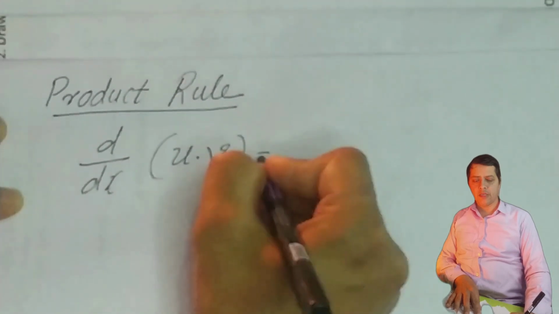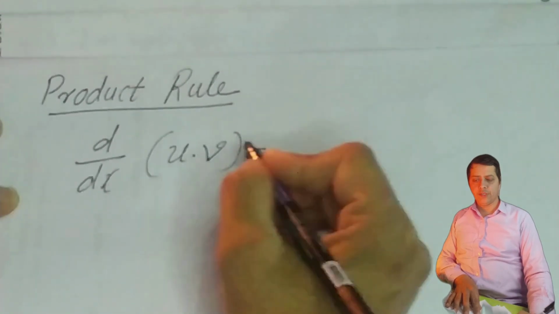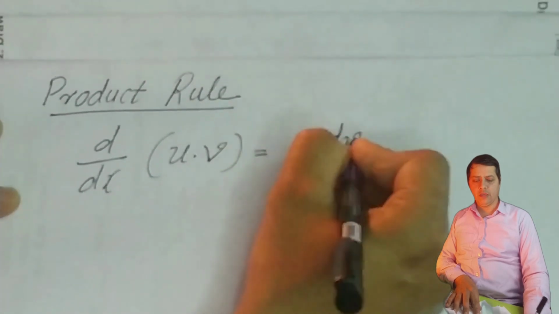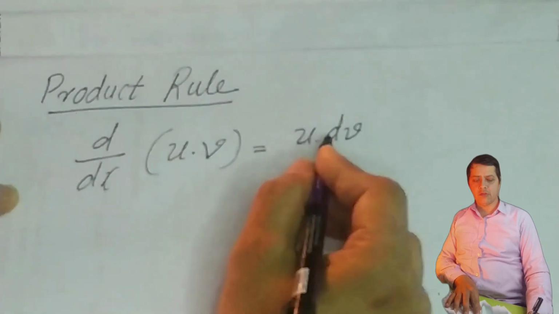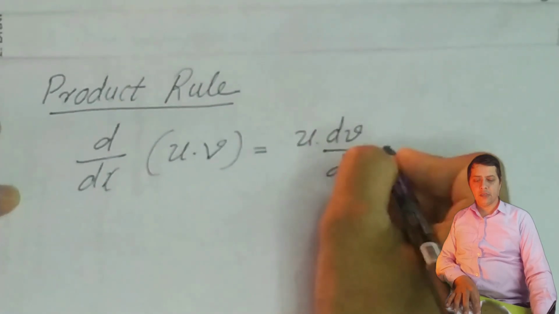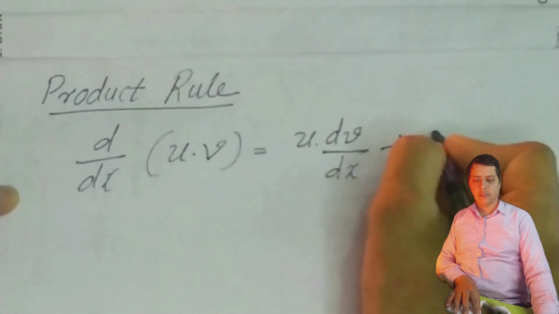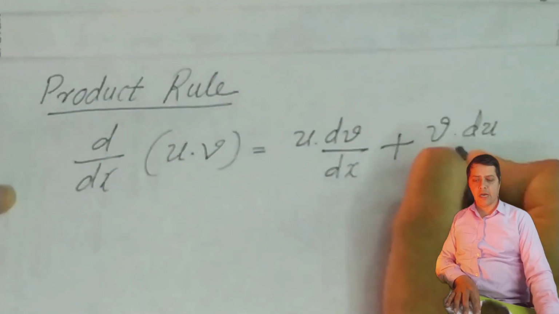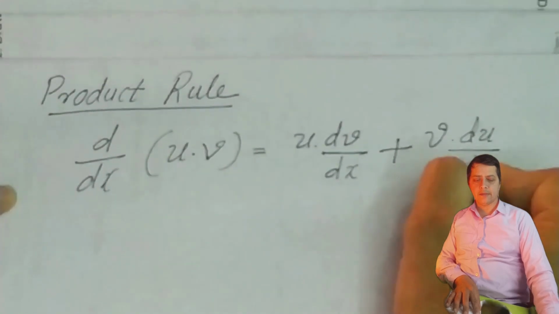Then how does it go? u into v is there. So I wrote u first, then dv by dx, plus v du by dx.